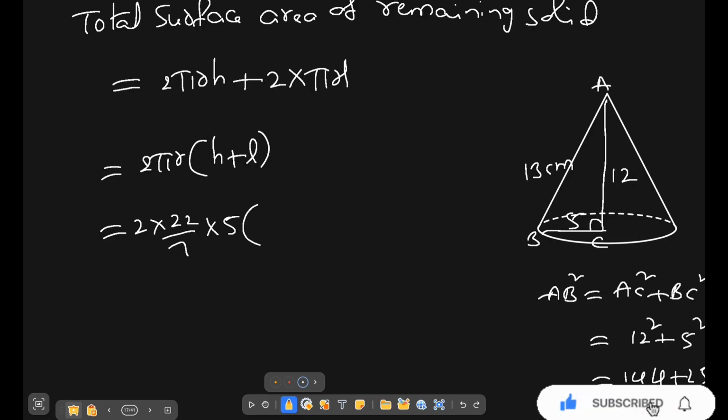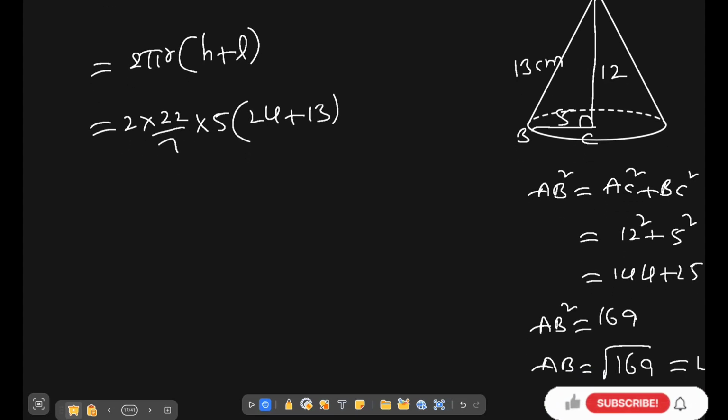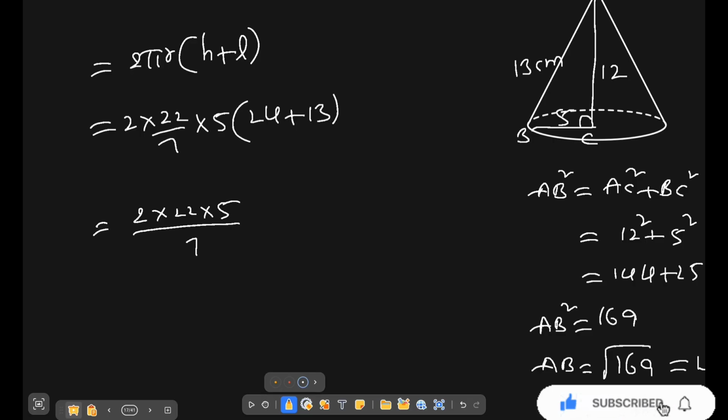H is height of the cylinder, which is 24, l is slant height of the cone, 13. So it is equal to 2 into 22 into 5 by 7 whole into 24 plus 13, which is 37. Now 2 into 5 is 10.